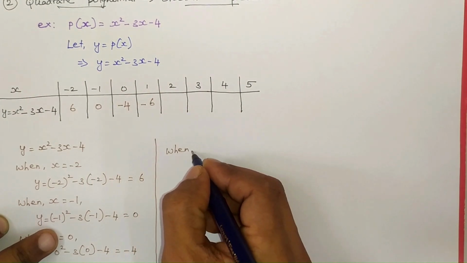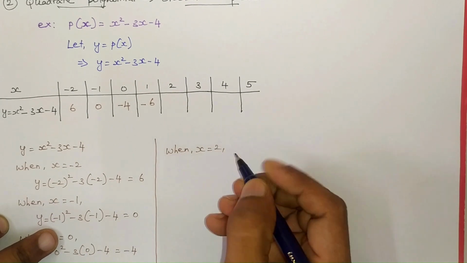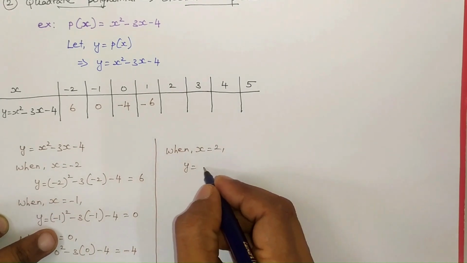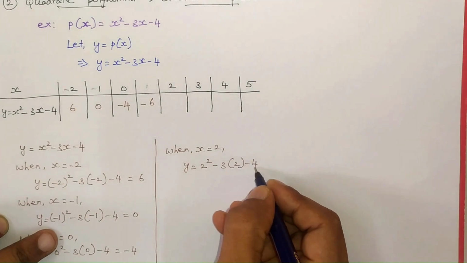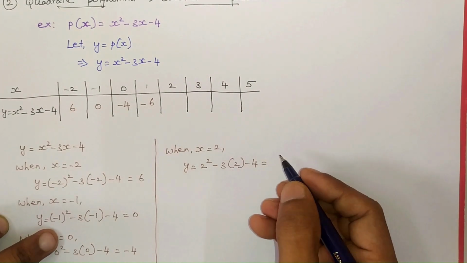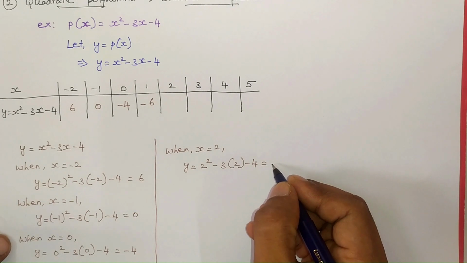When x is equal to 2, y is equal to 2 square minus 3 into 2 minus 4. So we have y is equal to minus 6 again.